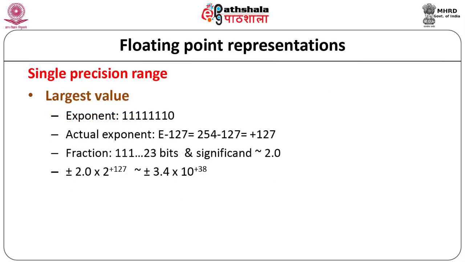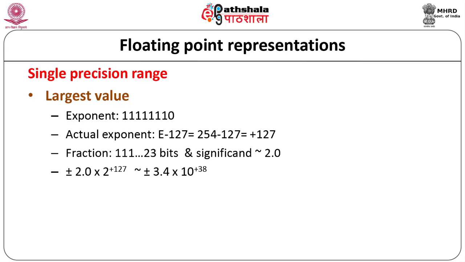In single precision range, exponents 00000000 and 11111111 are reserved. The smallest value of exponent is 00000001. The actual exponent for this number is E minus 127, that is equal to 1 minus 127, that is equal to minus 126.